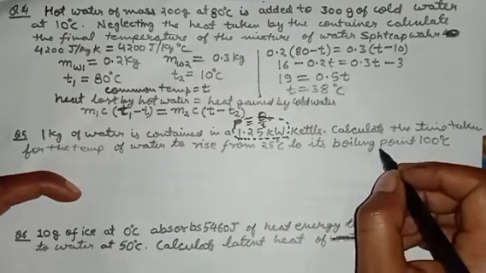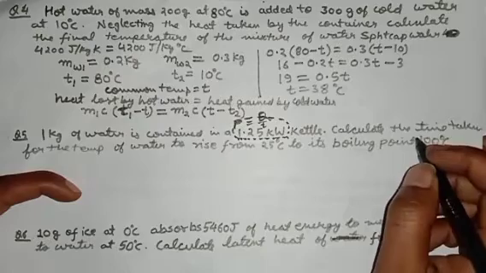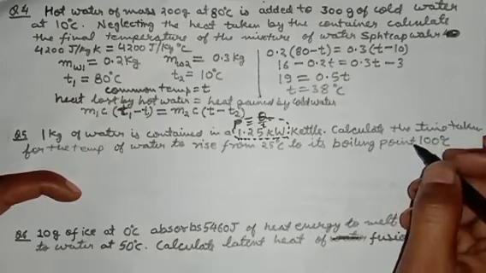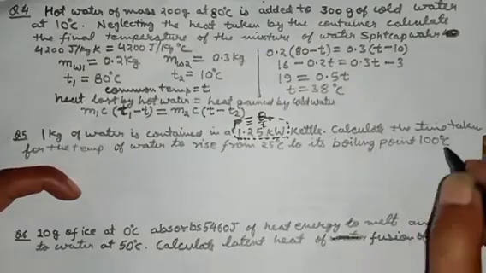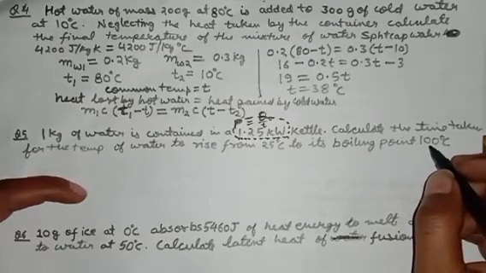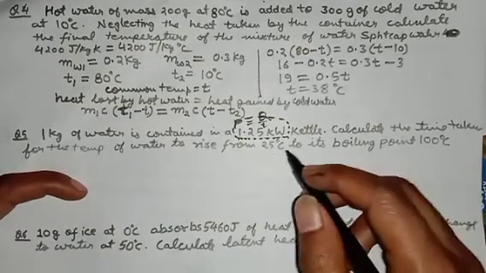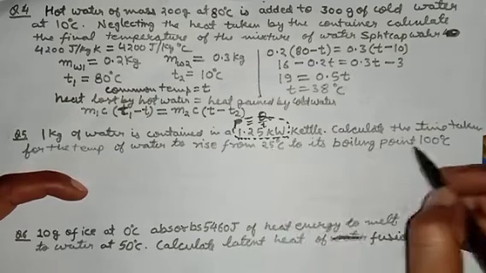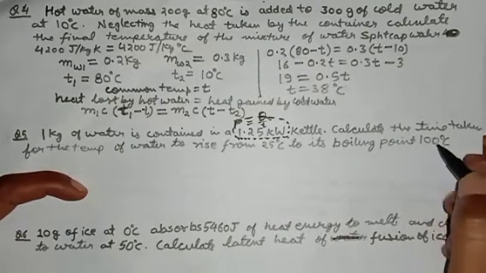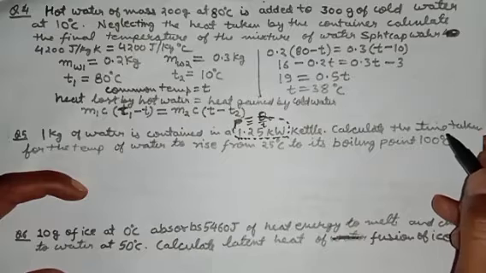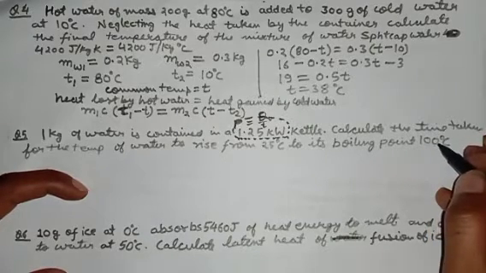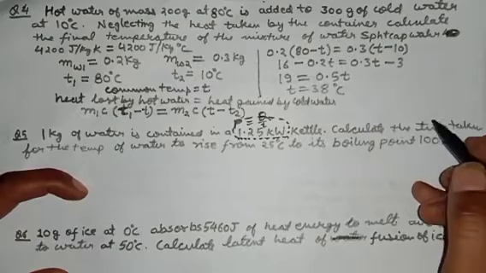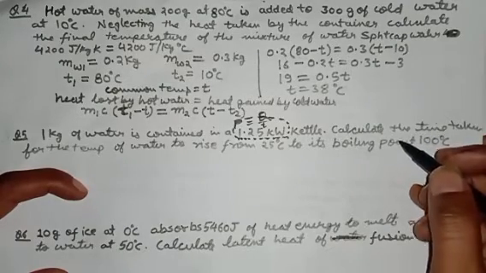Remember, it is still water, not vapor. So it is still water at 100 degrees Celsius. Why am I telling you that? Because this question is all about the water phase, 25 to 100. And if it were converting into vapor, it would still be 100 degrees Celsius, but at that time it would require latent heat to change the phase.